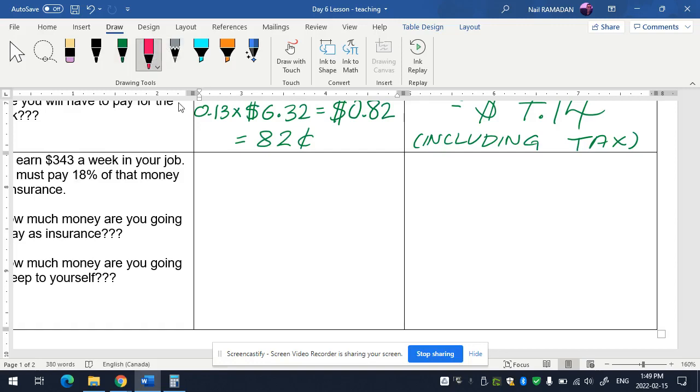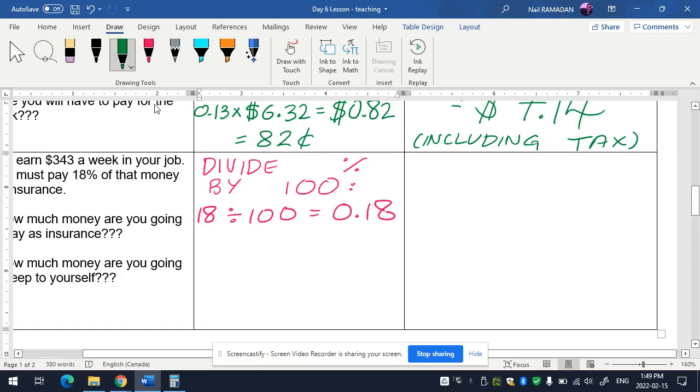Let's do this. So, everyone, divide the percentage by 100. So 18 divided by 100 equals 0.18. And then what do you do? You multiply.